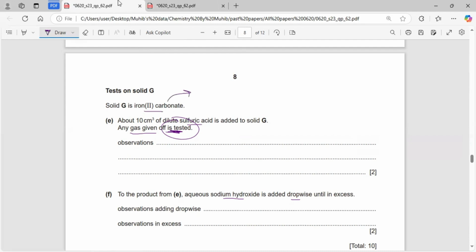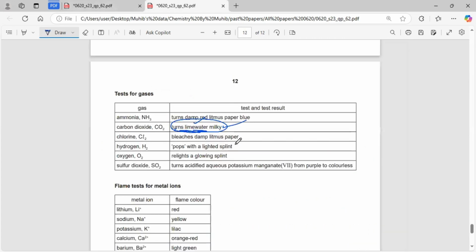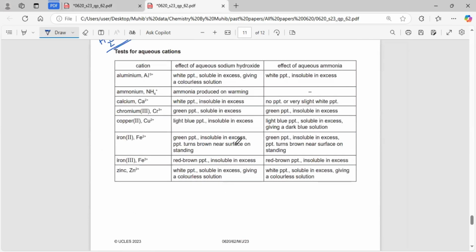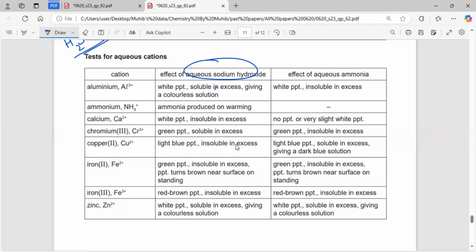After removing the carbon dioxide from iron sulfate by using dilute sulfuric acid, the product is formed. Less than 1 minute is left, quickly. Then you are going to add aqueous sodium hydroxide in excess over here. This is aqueous hydroxide. You will have to find that it is insoluble in excess. Right. So you will find the answer over here.